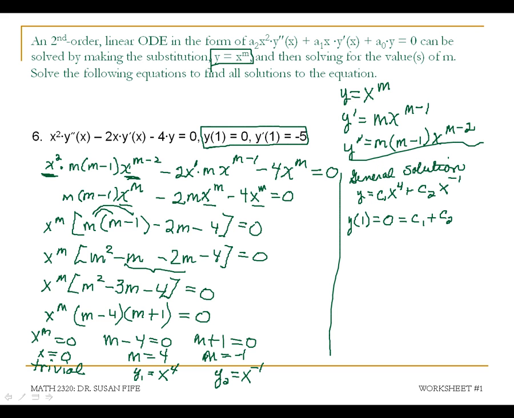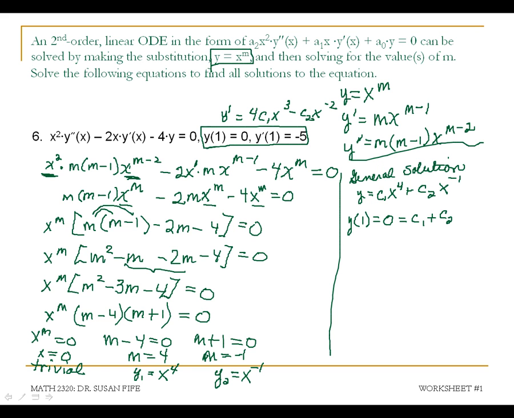And for this second equation, I need the derivative of y. Let me do that up here. If y is c1 x to the 4th plus c2 x to the negative 1st, then I'm going to get y prime equals 4 c1 x to the 3rd minus c2 x to the negative 2nd.